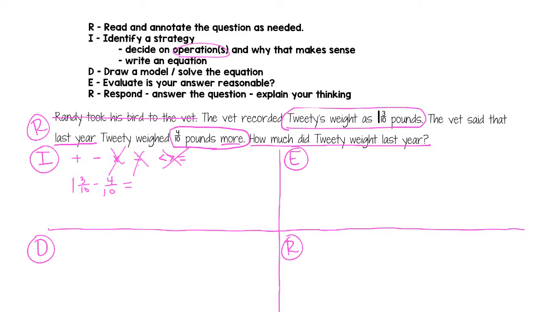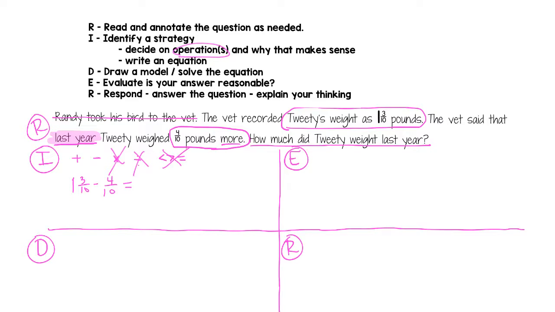Well, I have to really read the problem carefully in order to find out if we're going to subtract. So when we're thinking about why that makes sense, we have to carefully reread, not quickly, but carefully. The vet recorded Tweety's weight as 1 3/10 pounds. That's definitely true. The vet said that last year, I'm going to actually highlight that because that seems important.